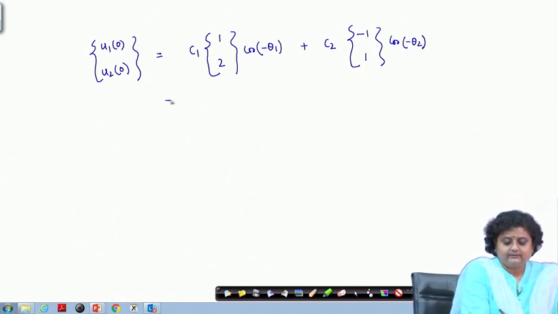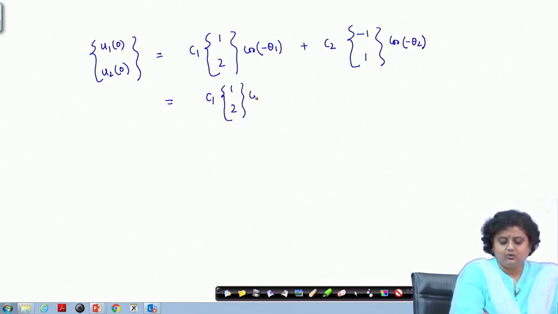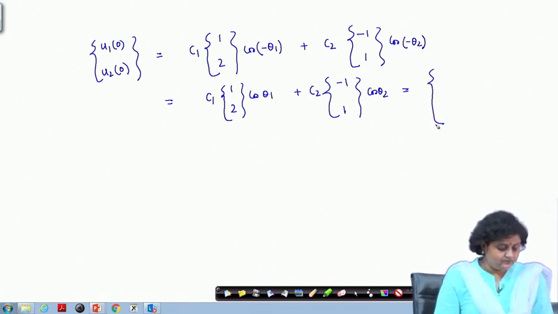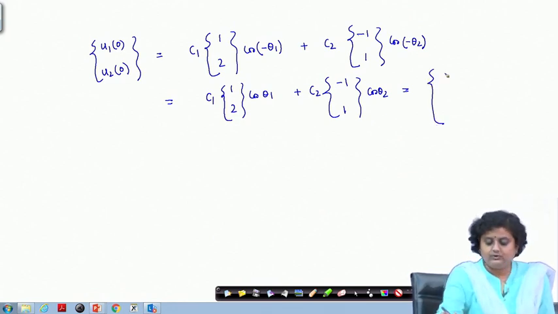So, this can be written as C1 into (1, 2) into cos theta 1 plus C2 into (minus 1, 1) into cos theta 2, and that is equal to the given values of u1(0) and u2(0), which are 0.5 and 1.0.